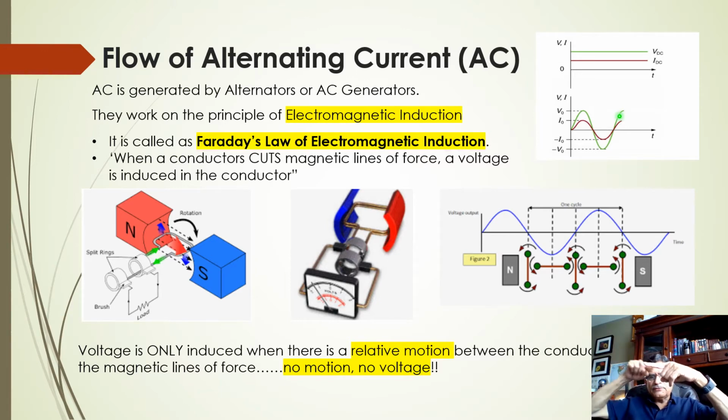AC does not flow like this in the wire. It flows in one direction, then reverses, 0, reverses, 0, reverses, 0. So this is exactly that. That's why I have put both the DC diagram and the AC wave diagram together to give you the concept of the differences.